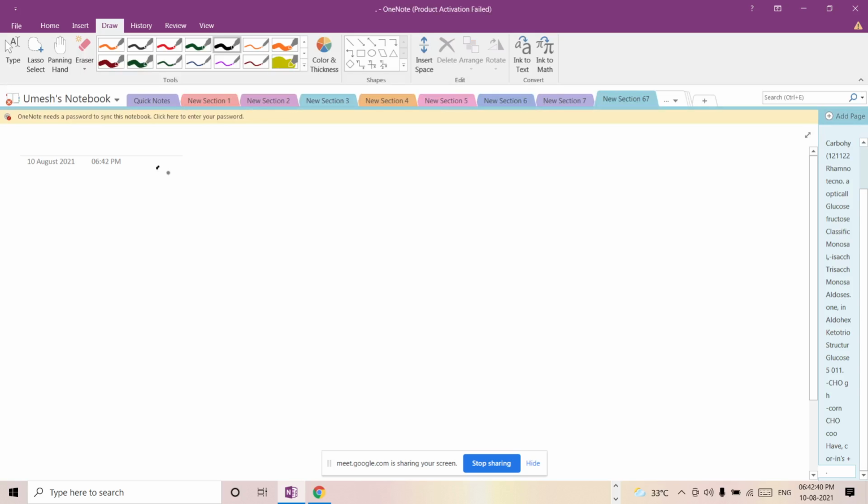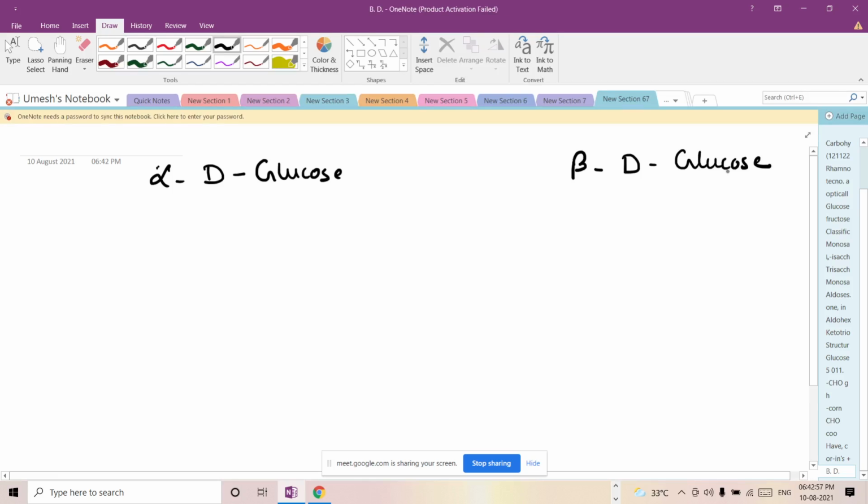One is alpha D glucose and another is beta D glucose. Both have different optical rotation and different melting points.